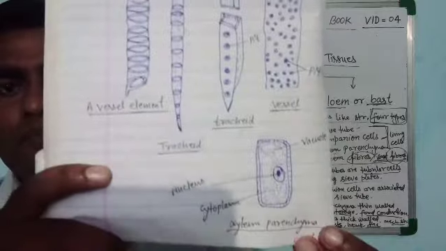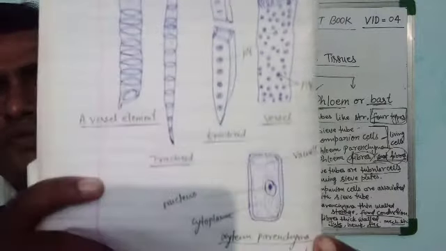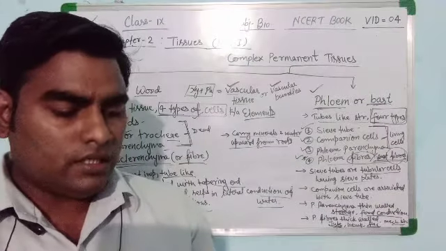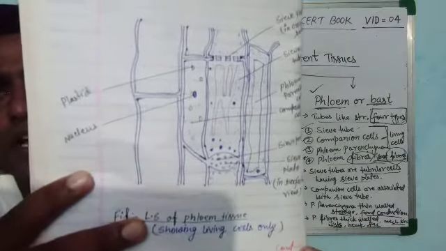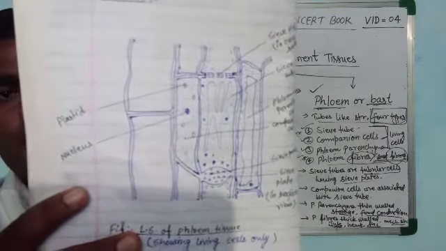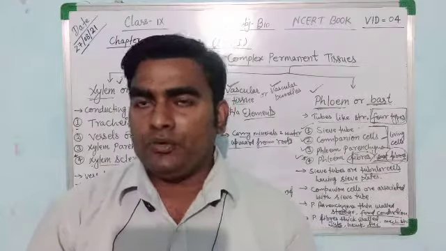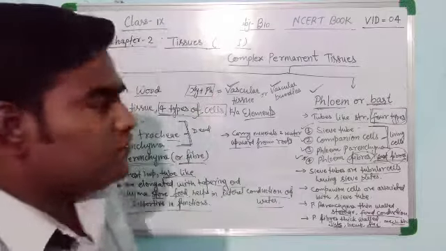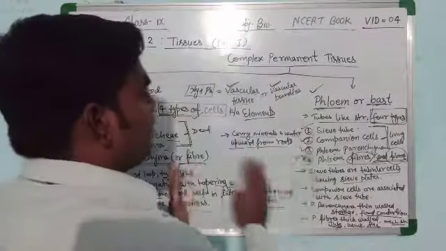You can see the vessels, tracheids, different types of xylem tissue, and these are the different types of phloem tissue. This is the figure of phloem tissue. You can get this figure in your NCERT book also, and I will provide the notes with the study materials. So this is the structure of xylem and phloem tissue and the description of the complex permanent tissue.